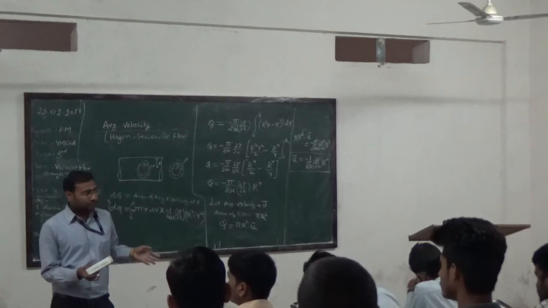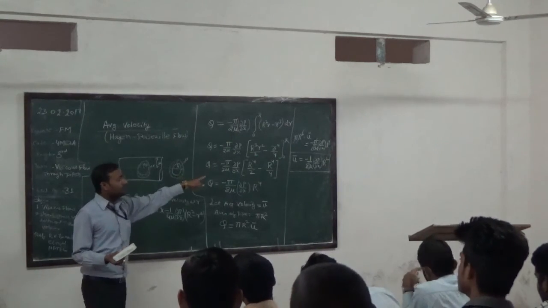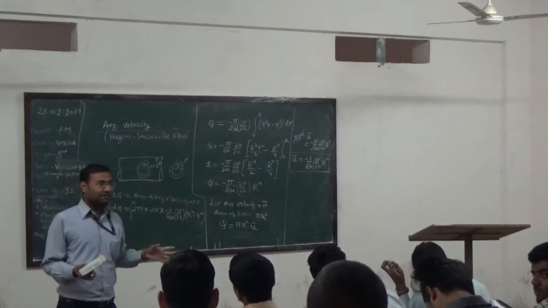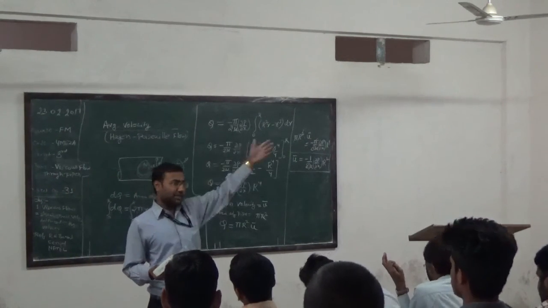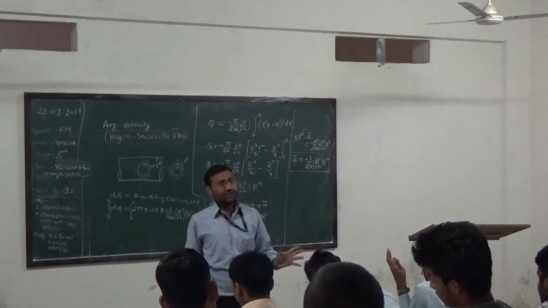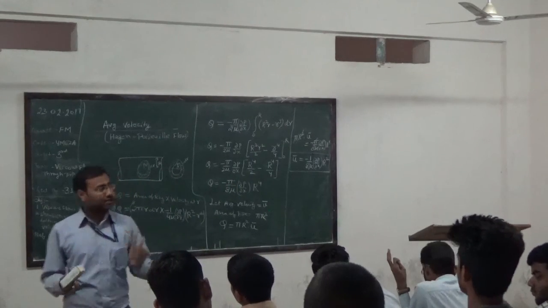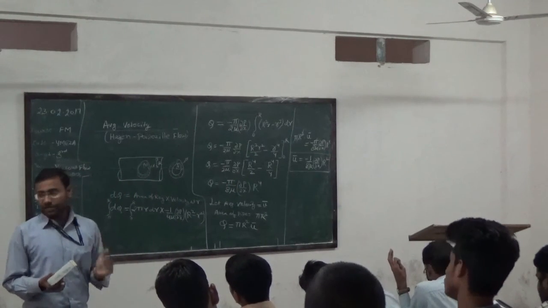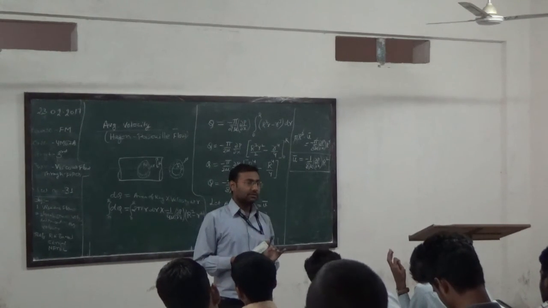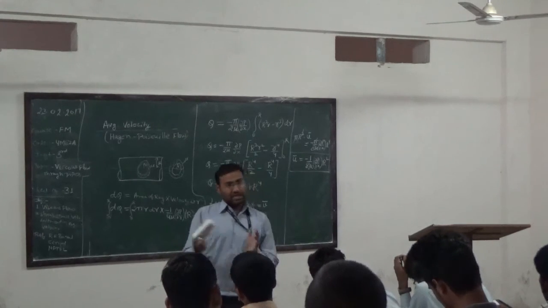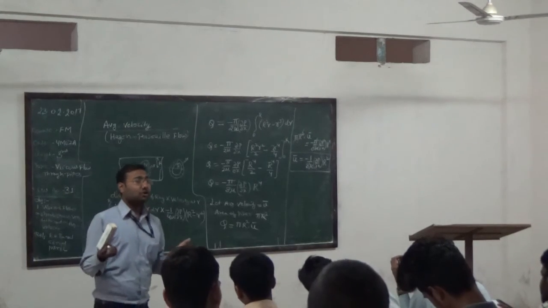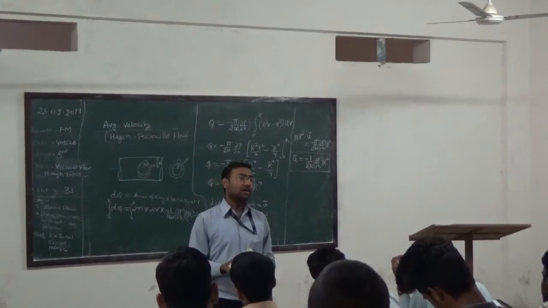Now, since del P by del X has negative sign, it must have negative sign because pressure is decreasing in the flow direction. If the pressure is decreasing in flow direction, it means definitely the pressure energy is decreasing. Pressure energy is decreasing in flow direction means the pressure head is reduced. Now we are calculating, if the length of pipe is L, what will be the loss of pressure head inside the pipe.